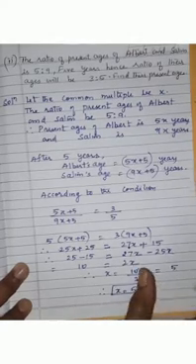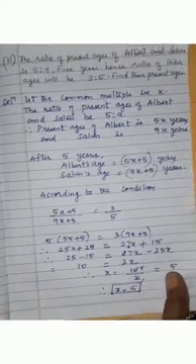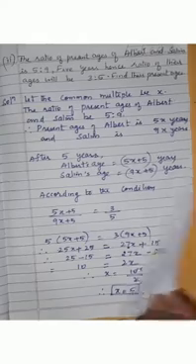Okay. Now, let us calculate the present ages of Albert and Salim. For the present age of Albert, what is the present age of Albert, children?